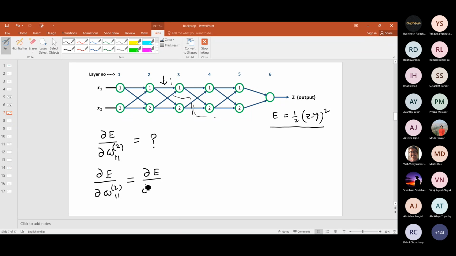So this is basically del E by del I31, where I31 is the input to this neuron, into del I31 by del W211.